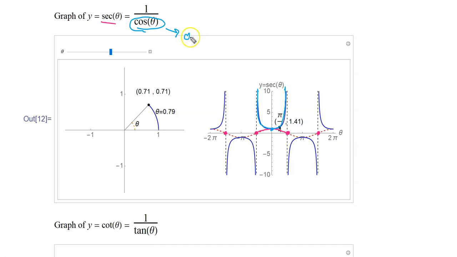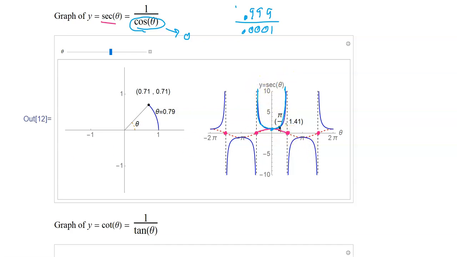And 1 divided by a very, very small positive number is going to be a very large positive number. Once again, try entering something like 0.999 divided by 0.0001, and you'll get a very, very large positive number. So that's why the secant function breaks up towards positive infinity like this.